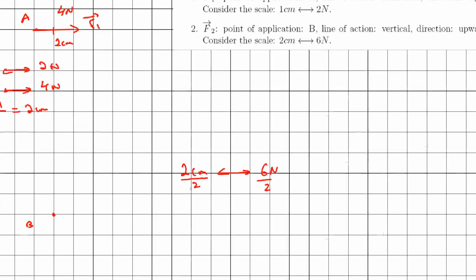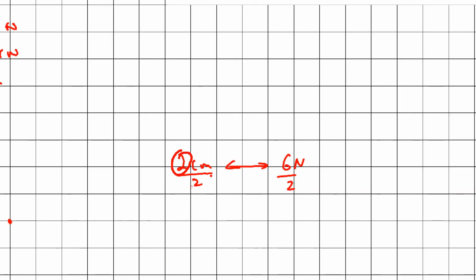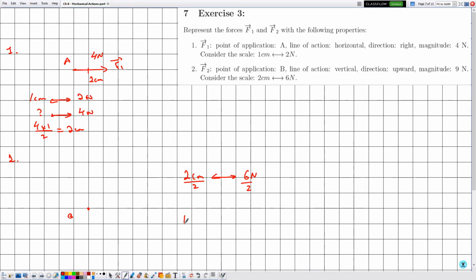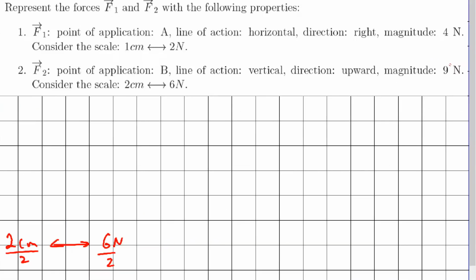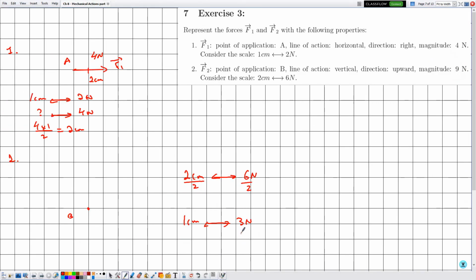Dividing both sides by this number, which is 2, the scale that you are interested in is 1 centimeter corresponds to 3 newtons. Now 9 newtons corresponds to how many centimeters? Then 1 multiplied by 9 divided by 3 is equal to 3 centimeters. So the length of this vector is 3 centimeters.